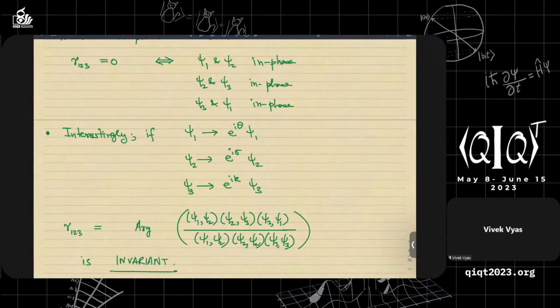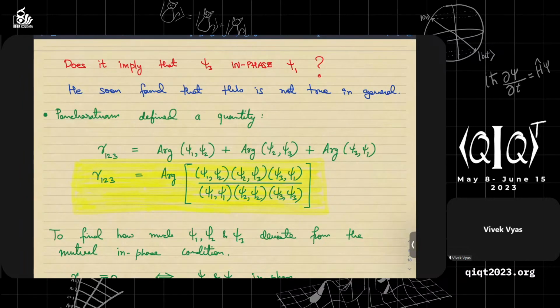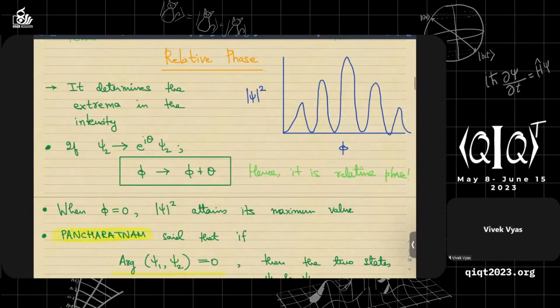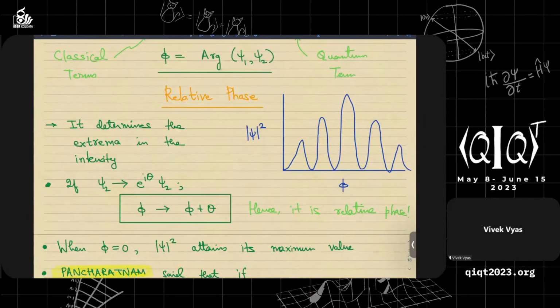So in some sense, this phase is fundamentally different from the relative phase. Although it is a sum of 3 relative phases, as we see here, mind you, relative phases were changing as you multiplied the vector with a global phase.